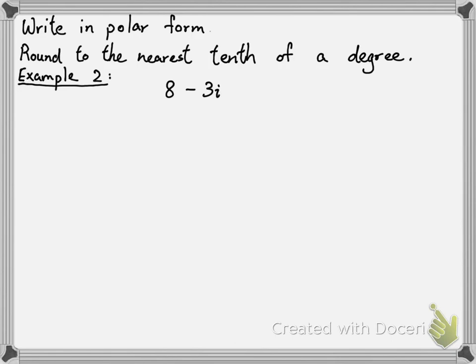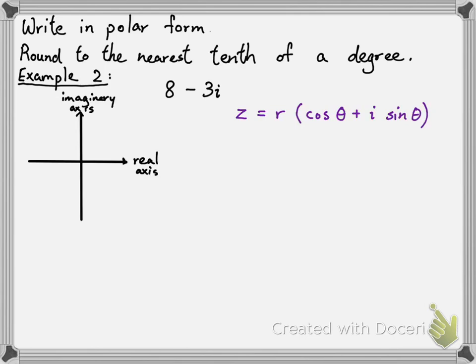Very good. Recall that the polar form of the complex number is z equals r times parentheses of cosine theta plus i sine theta. We can first find the r. We plot the complex number: 8 units on the real axis and -3 units on the imaginary axis.